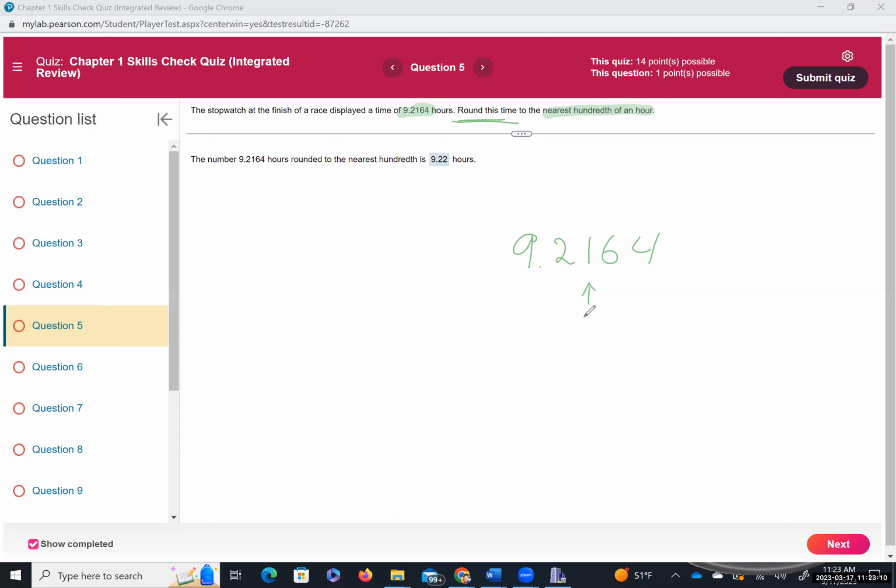means you will stop at the second digit here. Stop here, which is the hundredth, right? If you say the nearest tenth of an hour, then it's going to be at the first digit here, right?